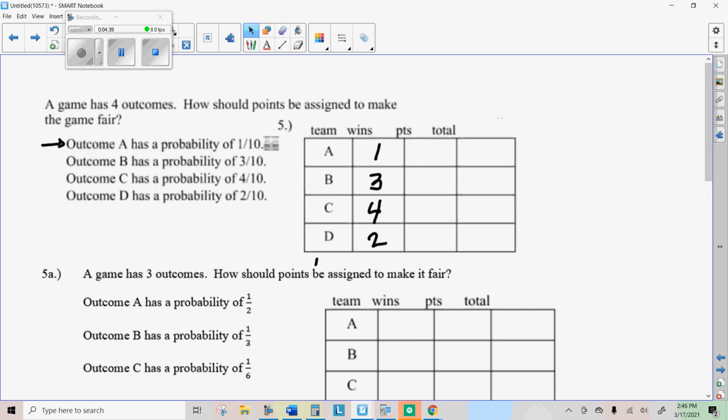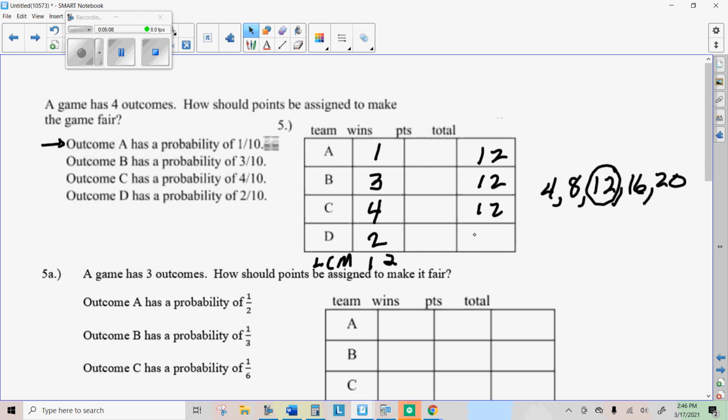Now what you want to do is find the lowest common multiple of all these numbers. The way I do it is I take the biggest number, which is 4, and I keep writing out multiples of 4 until I find one that all the other numbers go into. So I think it's this one. 3 goes into 12, right? 2 goes into 12, obviously. 1 goes into every number. So we're going to use 12 for our total points. So let's put that there.